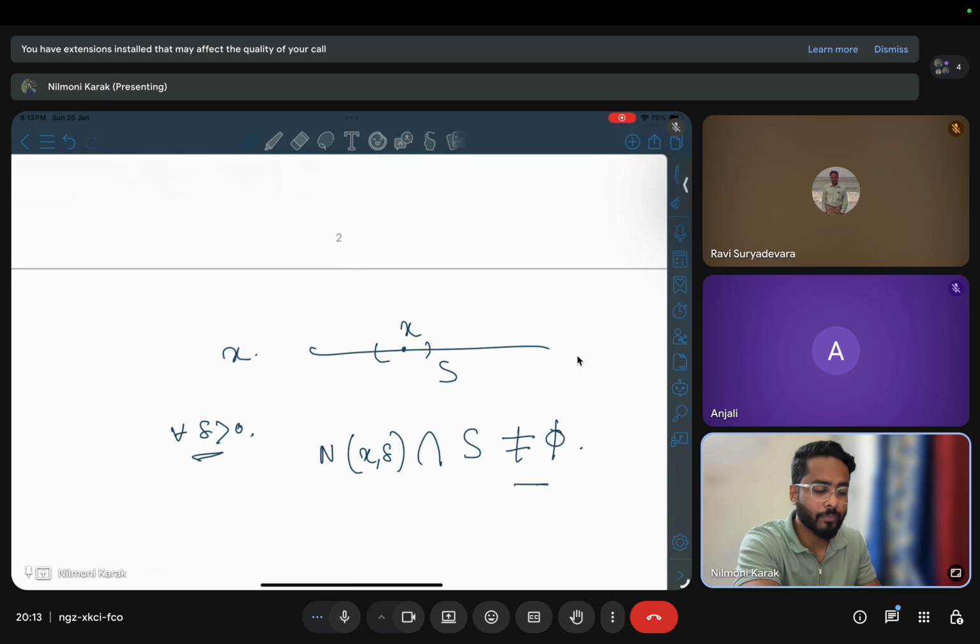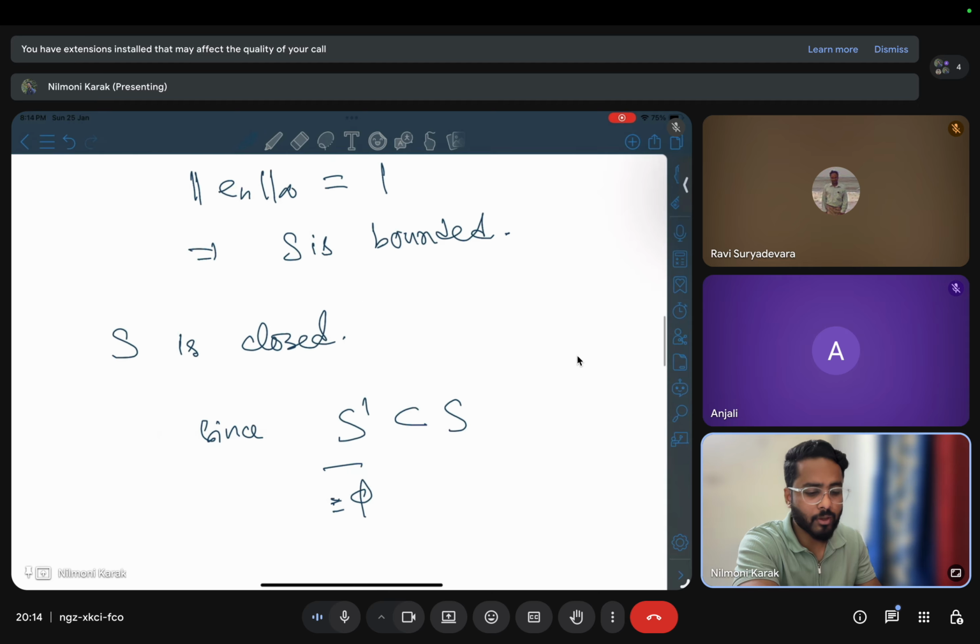So any point in S is not a limit point, and for the outside case, it is definitely not true.